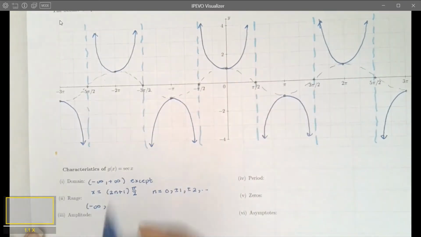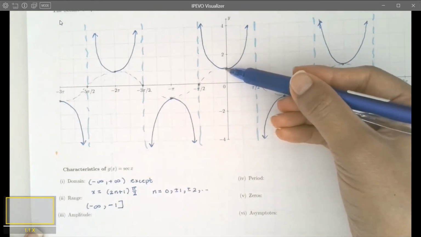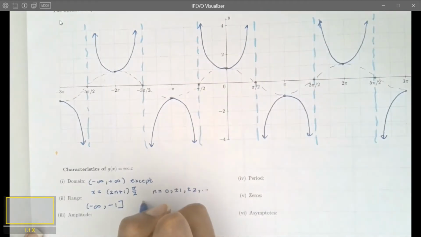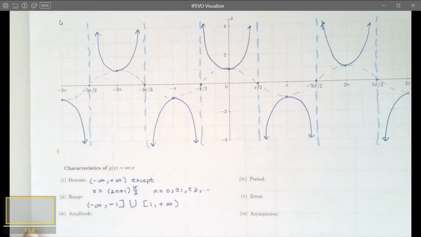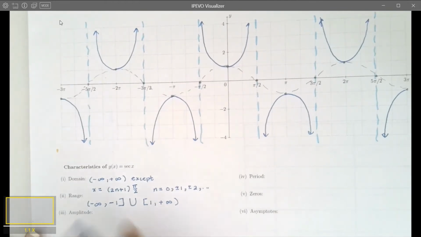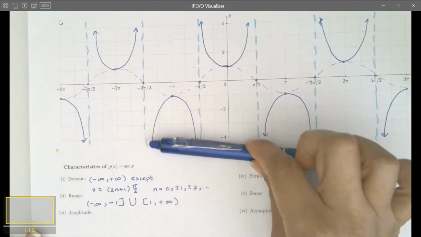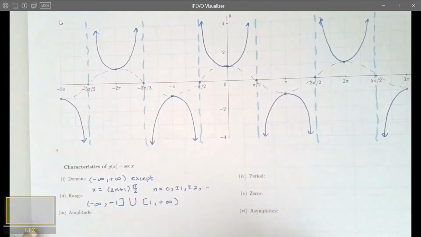So we go from negative infinity to -1, and then the graph reappears at 1 all the way up to positive infinity. Don't forget to include the union between those two disjoint ranges. This is basically saying we can find the graph anywhere between negative infinity and -1, or between 1 and positive infinity.